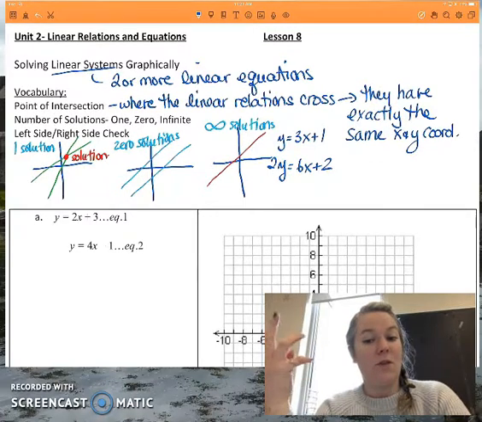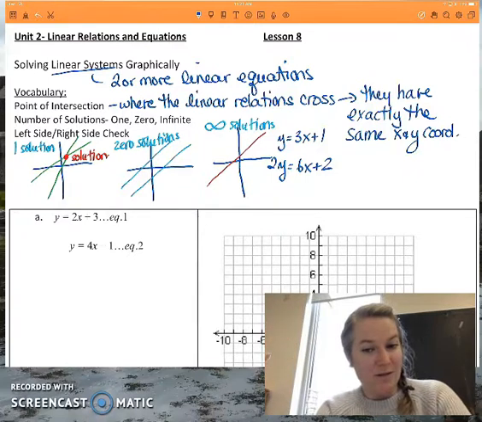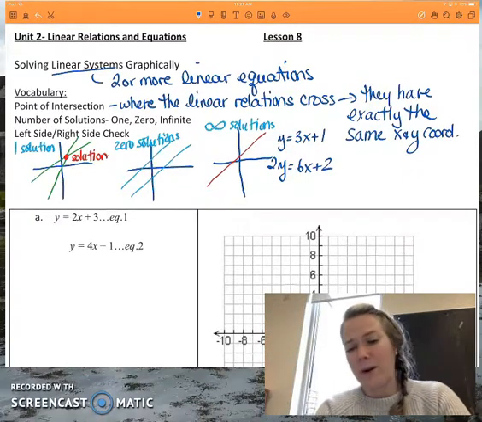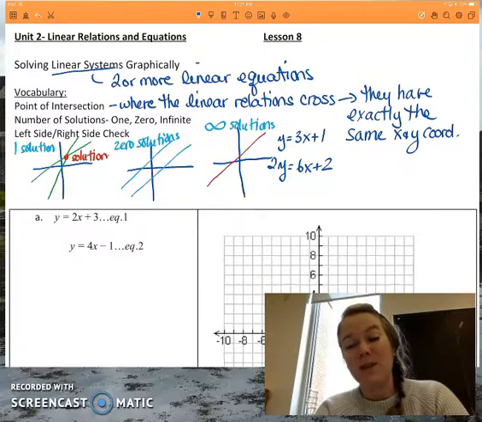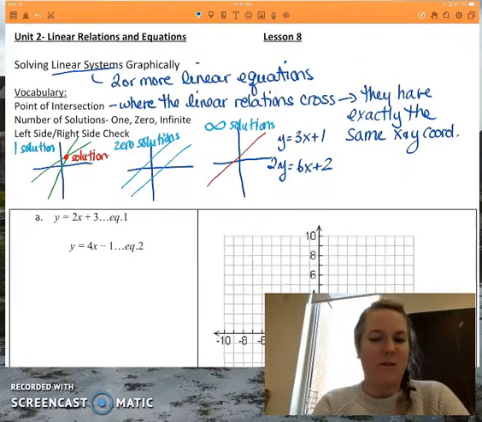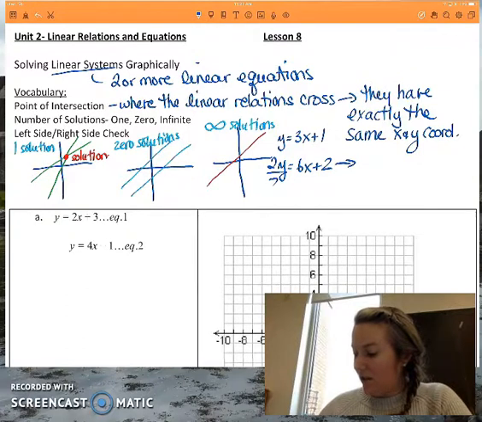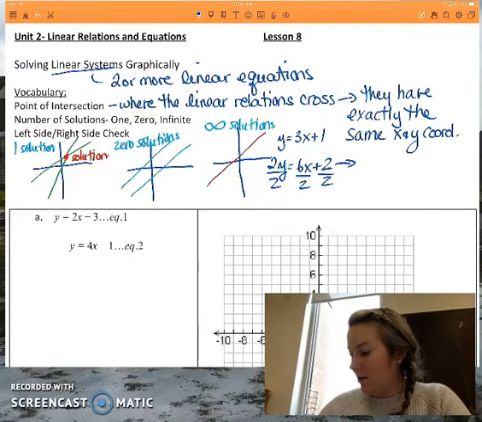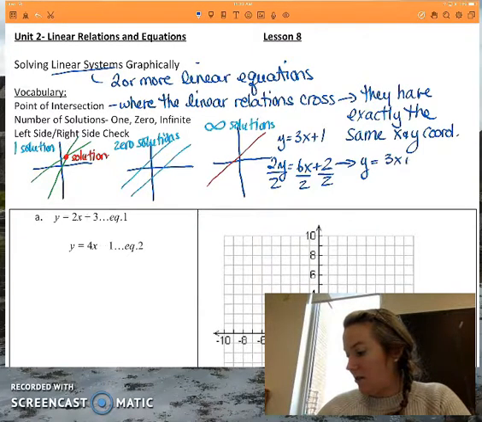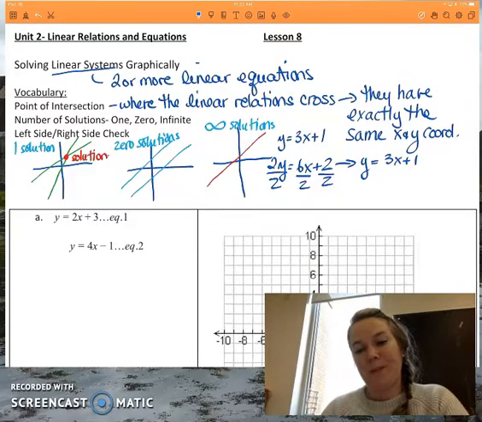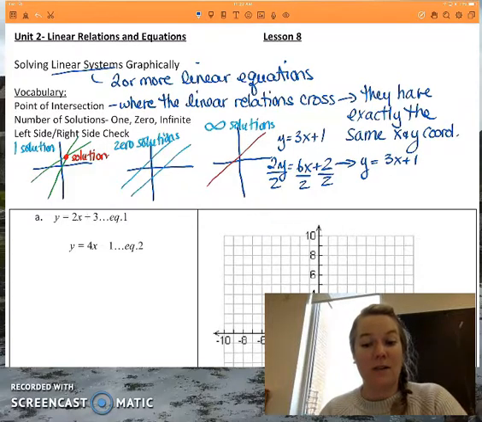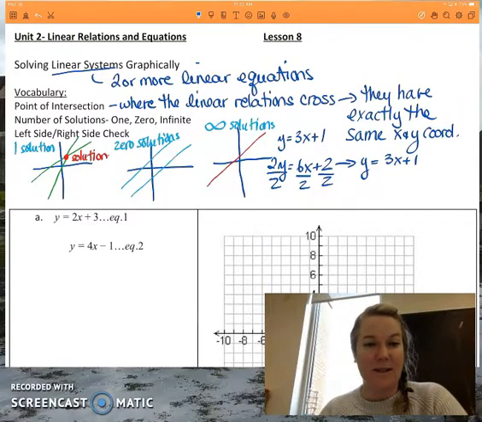So you get the same line, and every point is a solution, and since every point is possible on a continuous relation, you have an infinite number of solutions. Because if I divided everything by 2, this is the same as y equals 3x plus 1. So just things to keep in mind, stuff that will definitely show up on assessments.